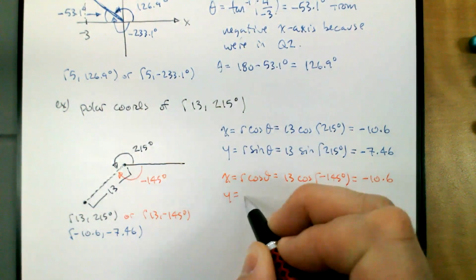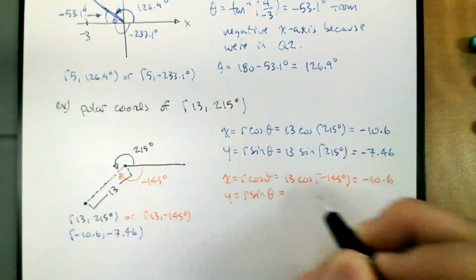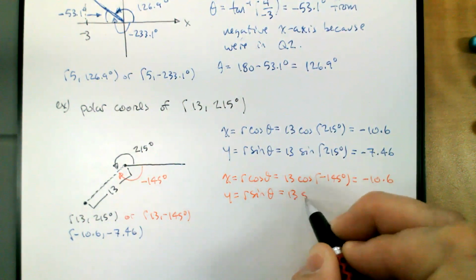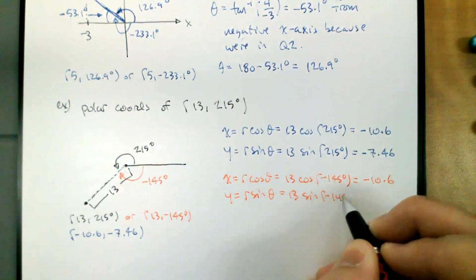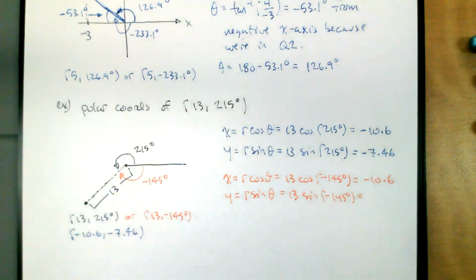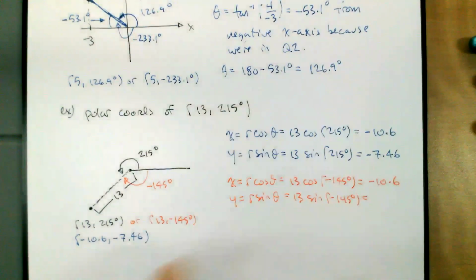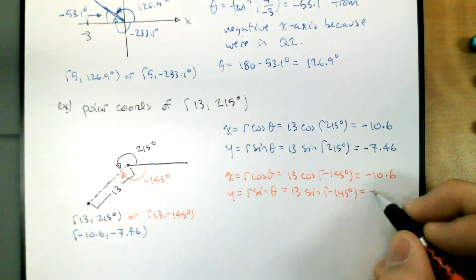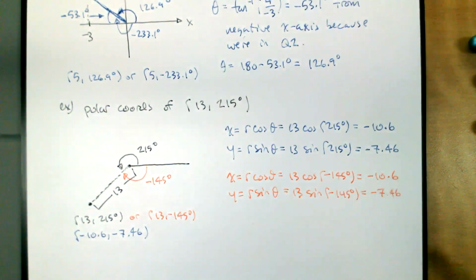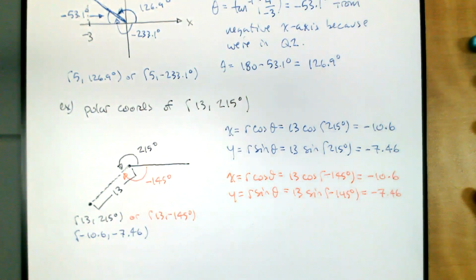And y is still r times the sine of theta, which is 13 times the sine of negative 145, which is still negative 7.46. Any questions? How's everyone, okay?